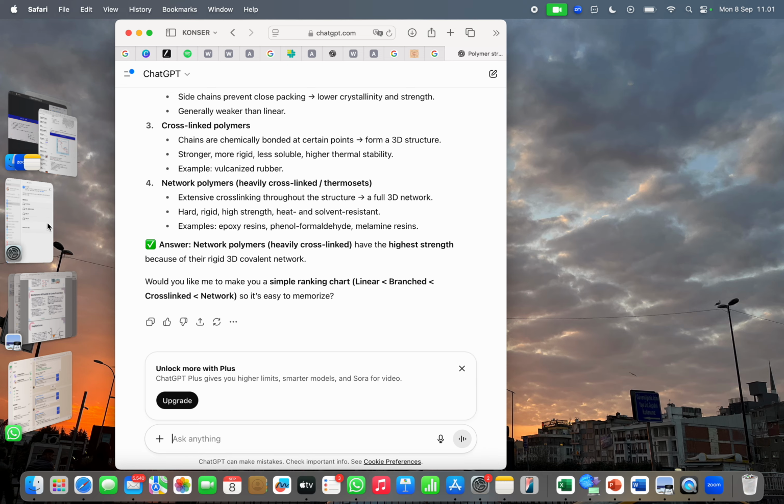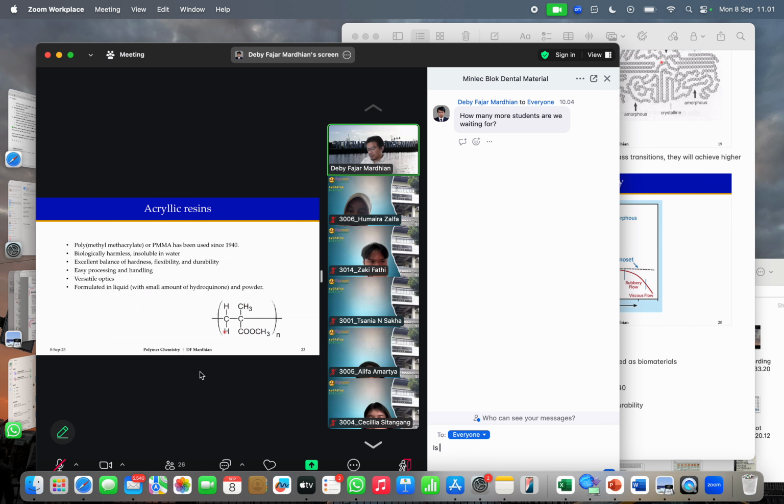Inhibitor, yes, exactly. It is used to inhibit self polymerization in acrylic resins.